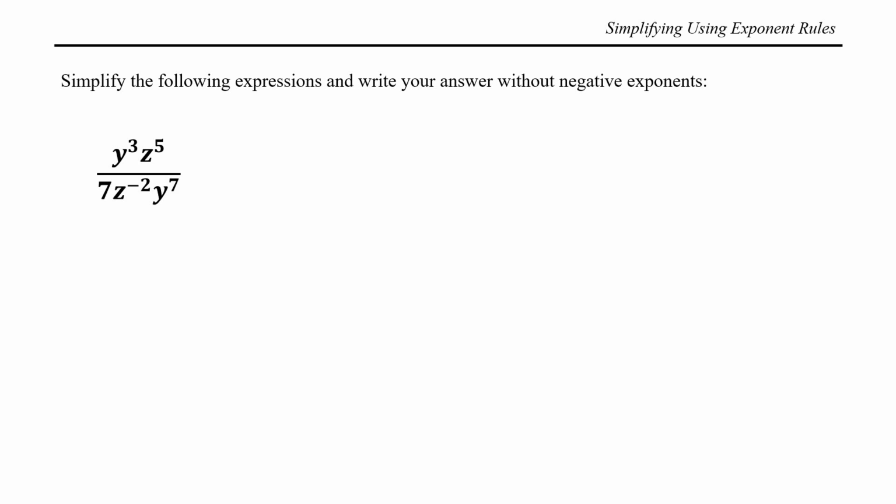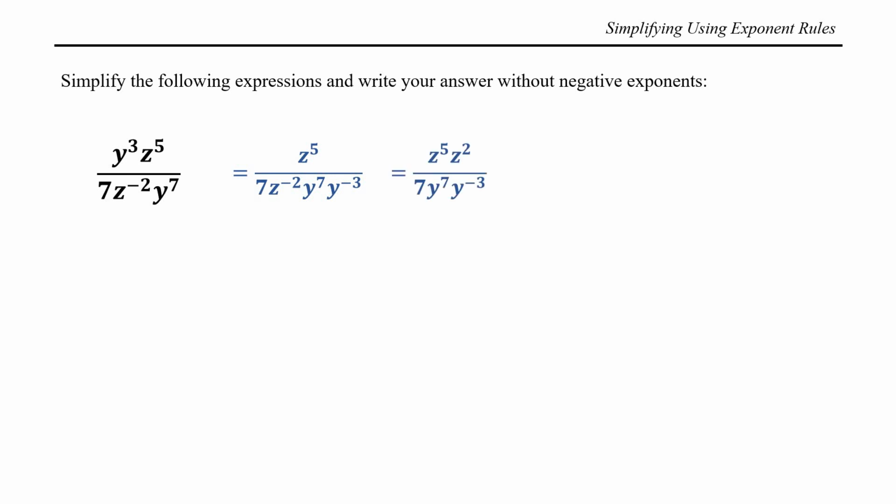So in this one, we have y cubed times z to the 5th over 7 times z to the negative 2 times y to the 7th. In order to solve this one, we want to get both y and z in either the same numerator or denominator. So what we're going to do is move y cubed to the denominator, and then move z to the power of negative 2 to the numerator.